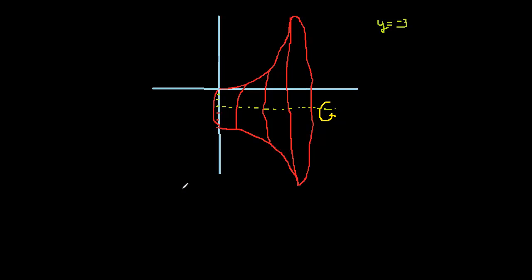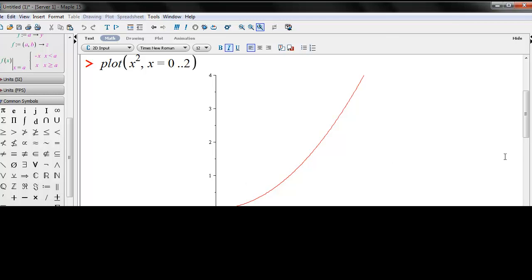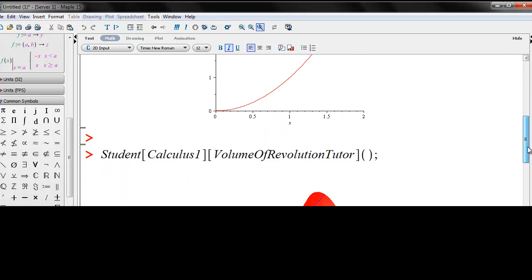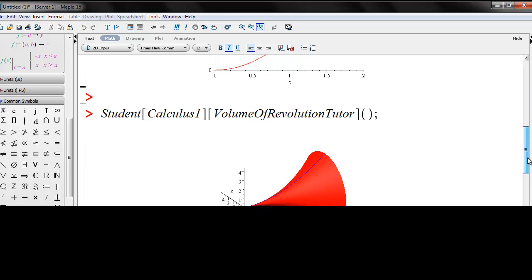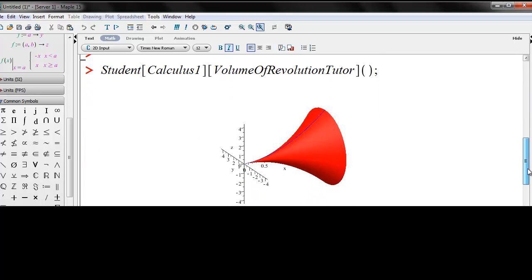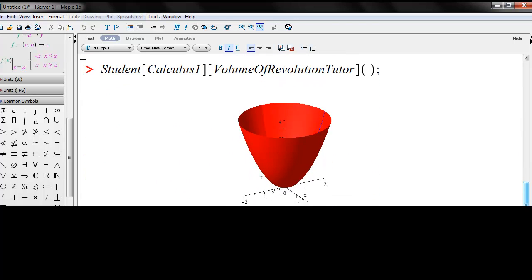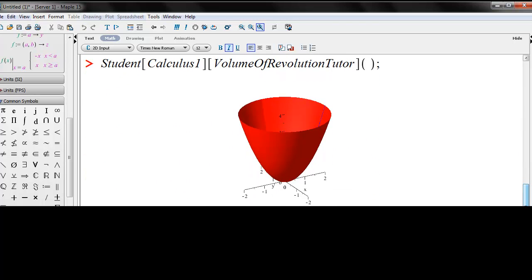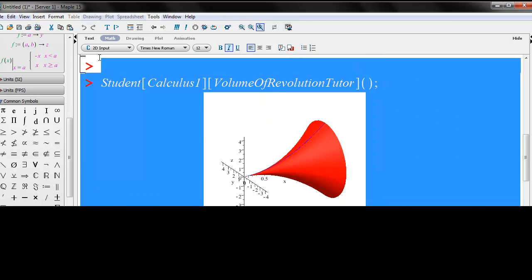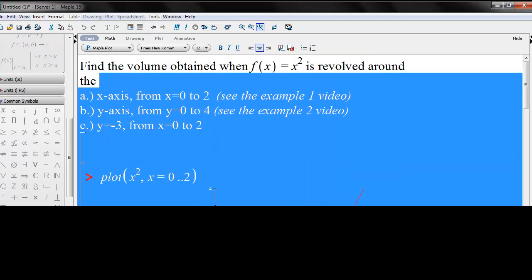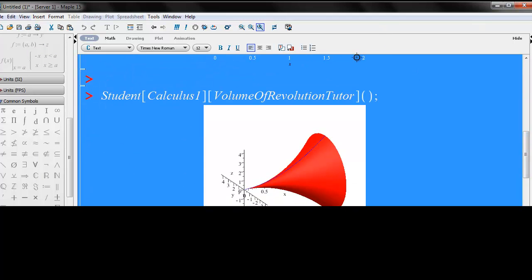Now, we can go back into Maple and ask Maple to draw this figure for us. Just to recap, we have previously looked at the same curve revolving around the x-axis. That was example 1. And then we did the same curve revolved around the y-axis. That was example 2. And now, excuse me, Maple's getting a little bit carried away here. Just go down and grab that.